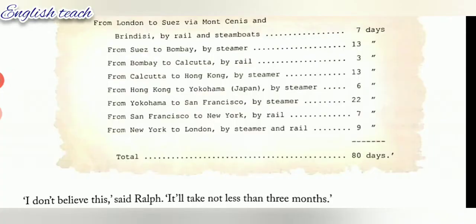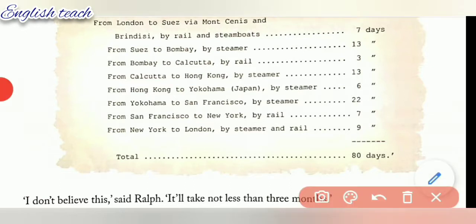Students, look at this picture, the graph from London to Suez via Mont Cenis and Brindisi. So this graph is very clear about the connections.